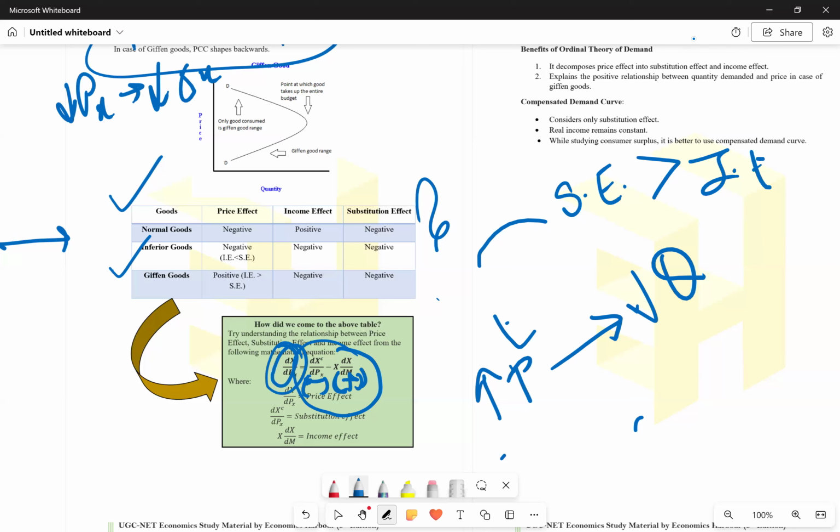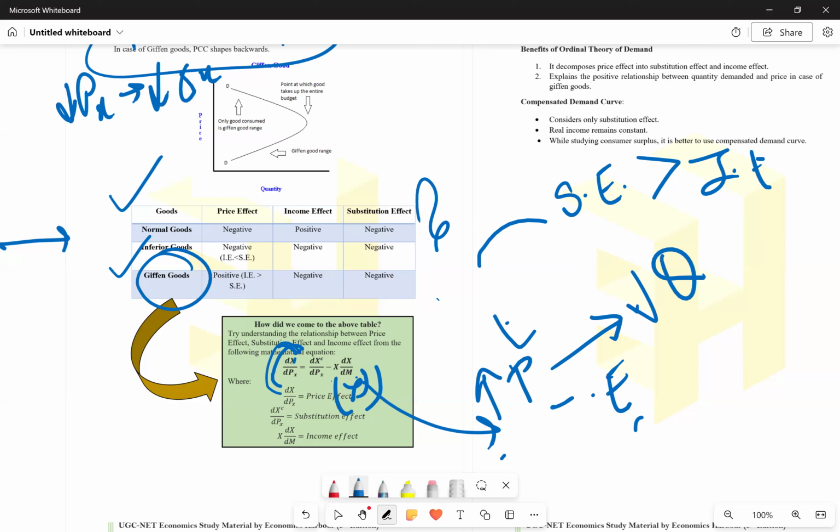And in case of Giffen goods, this minus minus plus, this positive figure, is much stronger than the substitution effect. So in case of Giffen goods, the income effect is stronger than the substitution effect.